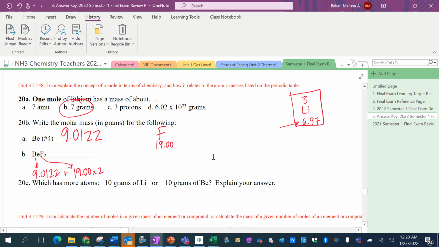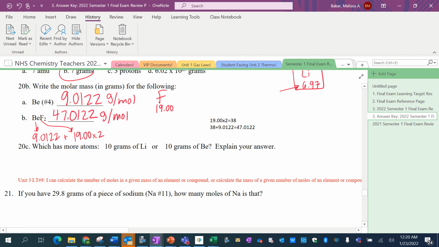So I'm going to use my OneNote calculator. And then 38 plus 9.0122. So this would be 47.0122. We don't round molar masses. These would both be grams per mole.